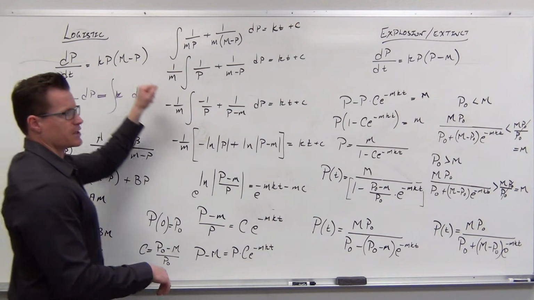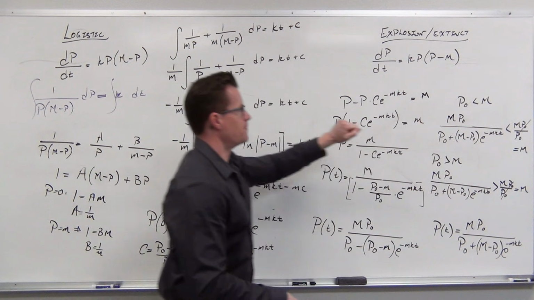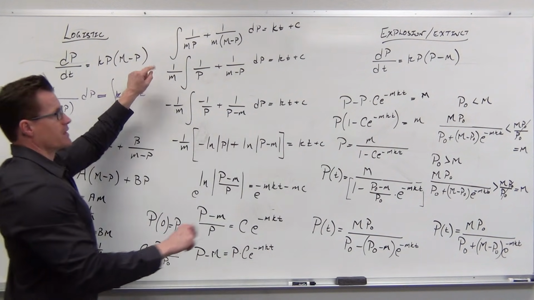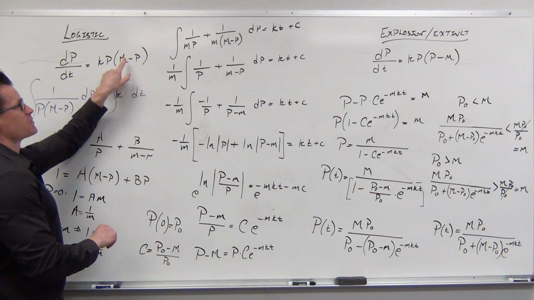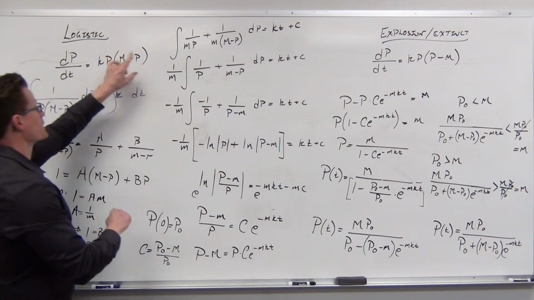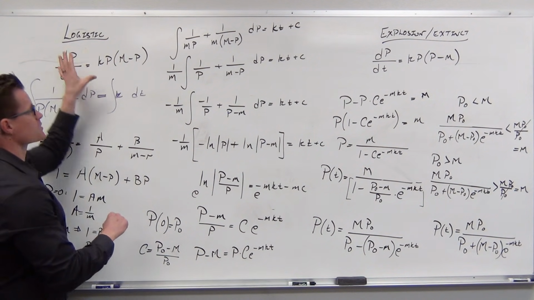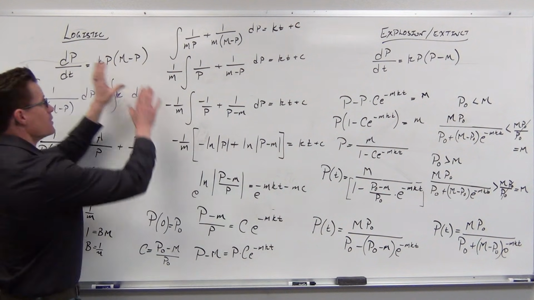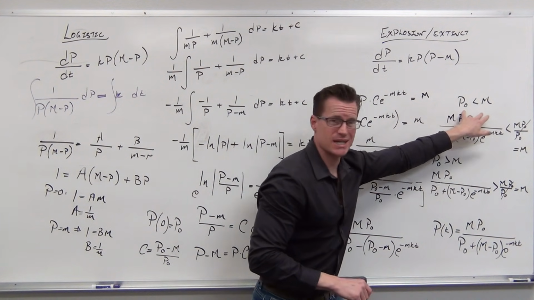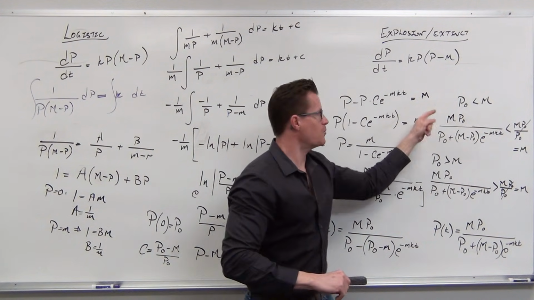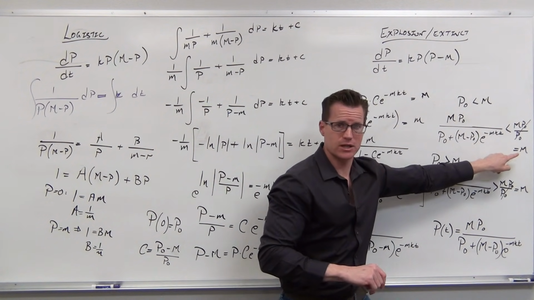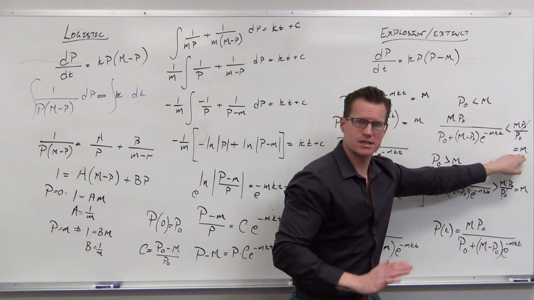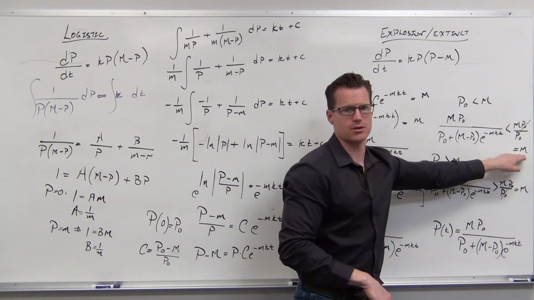If our initial population is less than m, this is smaller than this. That's a positive number times a positive number. Positive. That means our population is increasing. So this case right here says population is increasing, right? But it also says that our population has an upper bound. You're increasing, but you are only increasing until you get to m. It can't be any other way.